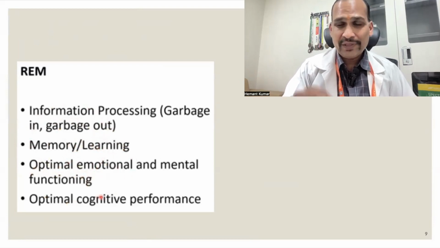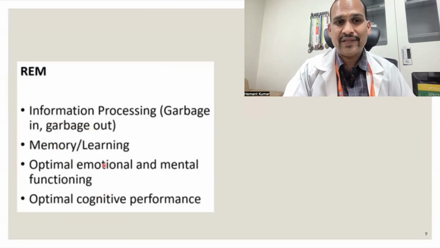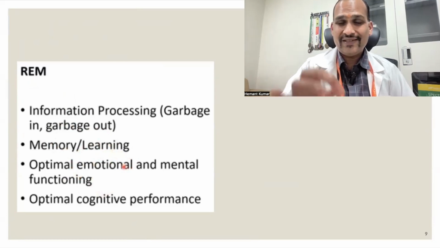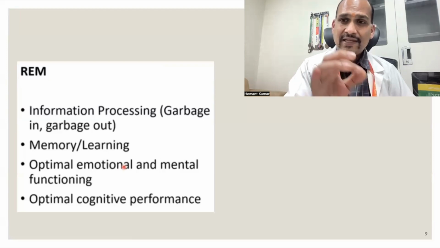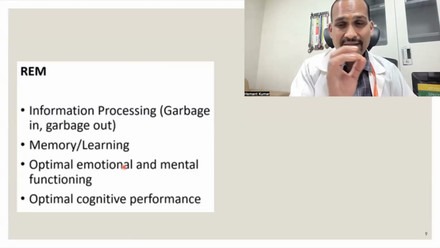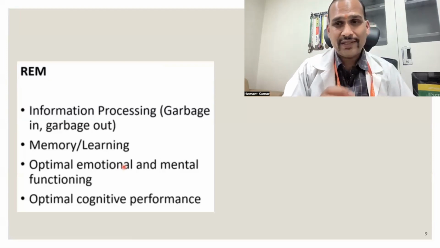Those persons who are getting less sleep at night, especially REM sleep, are emotionally unstable. They tend to get depression, anxiety, helplessness, all because of inadequate REM sleep.